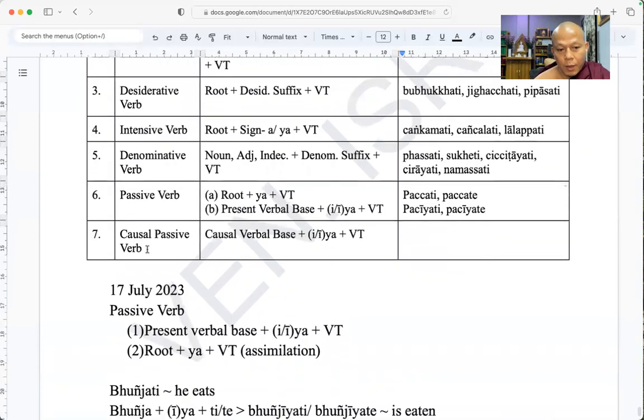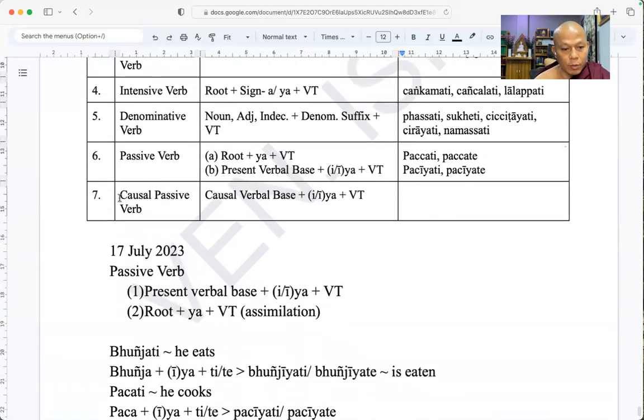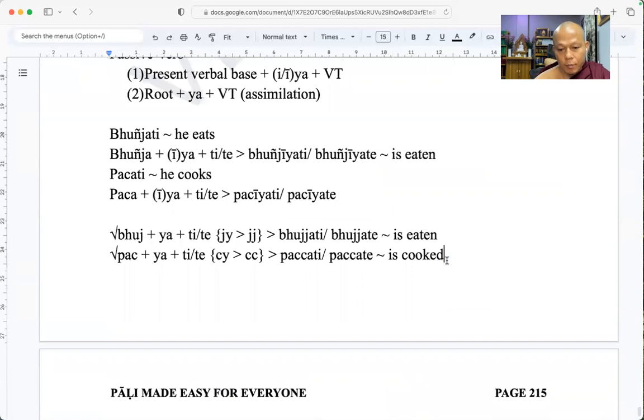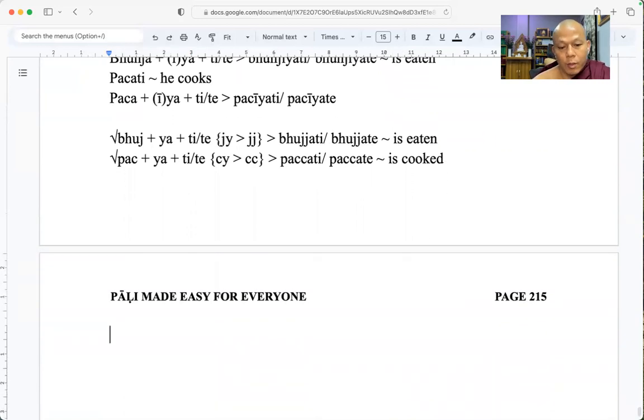Now, based on that information, the causal passive verb is formed. For example, pacati, he cooks. And then the causative is pāceti, causes him to cook.